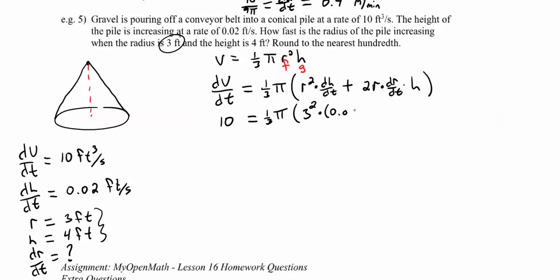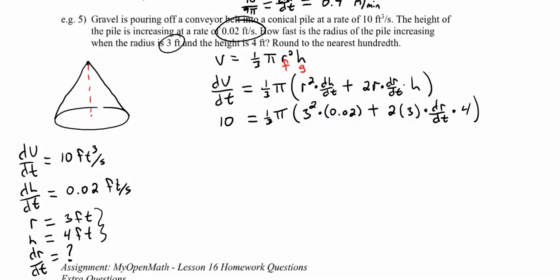That's 0.02, how fast it was increasing. Plus 2 times the radius, 3, times dr/dt. I don't know dr/dt, but that's good, that's the one I'm looking for, so I'll just write dr/dt again. And h, I know at this moment as well, so that's 4. Now the rest is algebra. We just need to solve for that now.